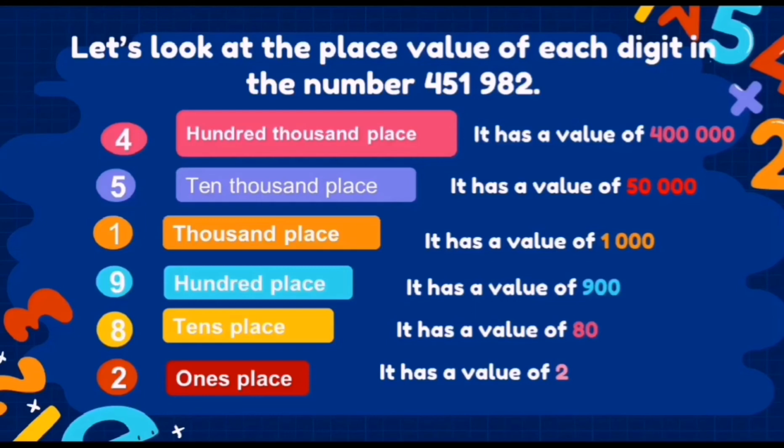Let's look at the place value of each digit in the number 451,982. So digit 4 is in the 100,000 place and it has a value of 400,000, and digit 5 is in the 10,000 place and it has a value of 50,000, and the digit 1 is in the 1000 place and it has a value of 1000, and digit 9 is in the 100 place and it has a value of 900.